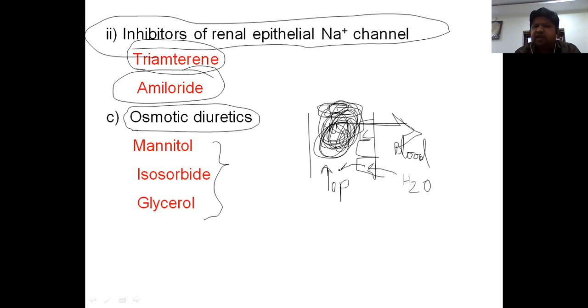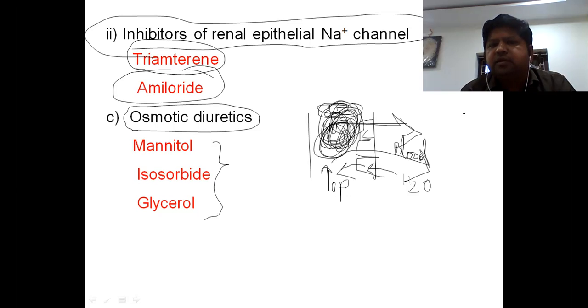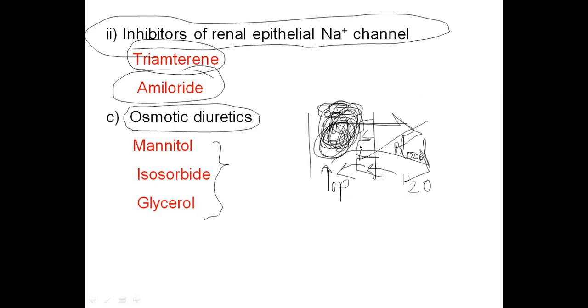From the epithelial cell, water will enter into the lumen. This will happen only when you increase the osmotic pressure of the filtrate. Generally the osmotic pressure of the filtrate is less than the osmotic pressure of the blood. That's why reabsorption is going on in this direction. But if you increase the osmotic pressure of the filtrate, reabsorption occurs in this direction.